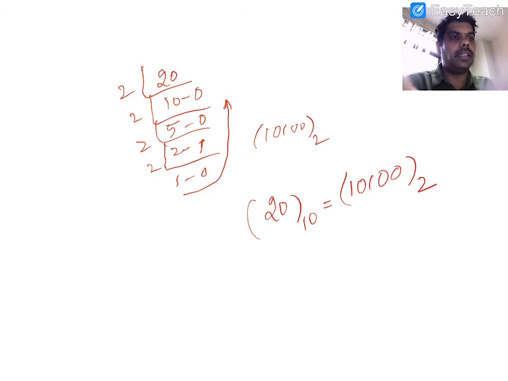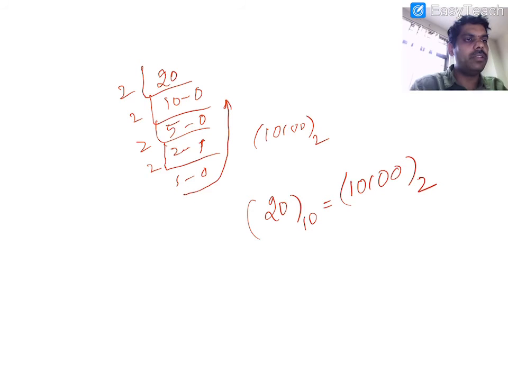So this is the way we convert decimal to binary. Suppose how to convert binary to decimal? Same. Binary here you need to write like this and multiply with powers of 2: 2 to the power of 0, 2 to the power of 1, 2 to the power of 2, 2 to the power of 3, 2 to the power of 4.